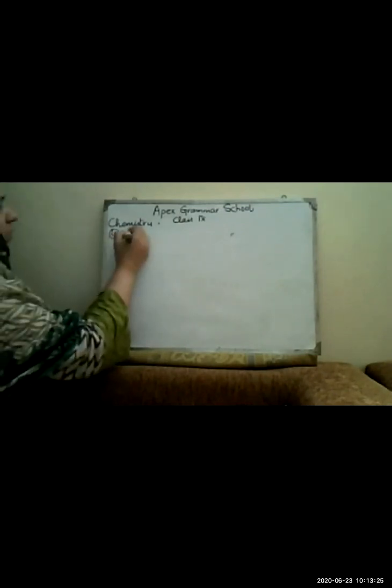Now coming towards numerical number 4. Numerical number 4: a gas occupies a volume of 800 centimeter cube, means V1 is equal to 800 centimeter cube, and at pressure 1 atm.